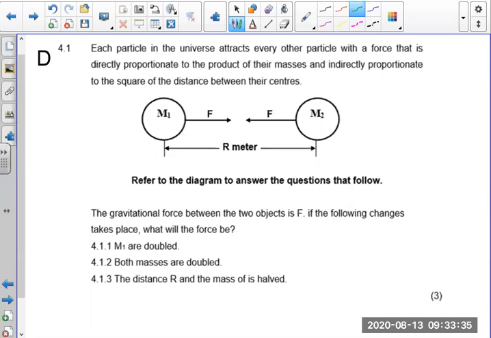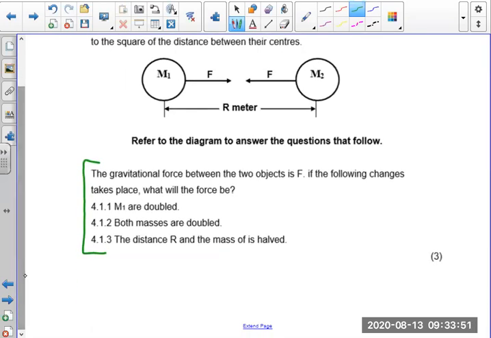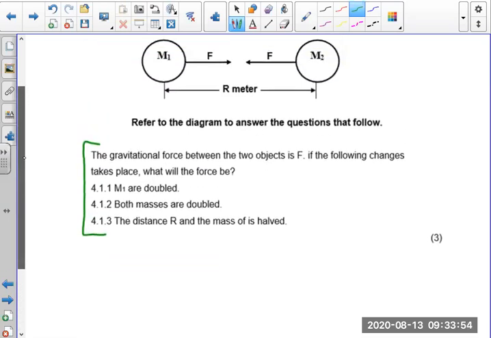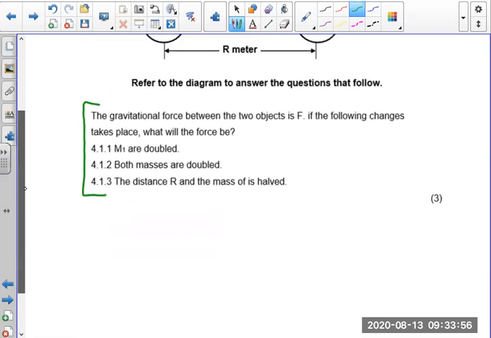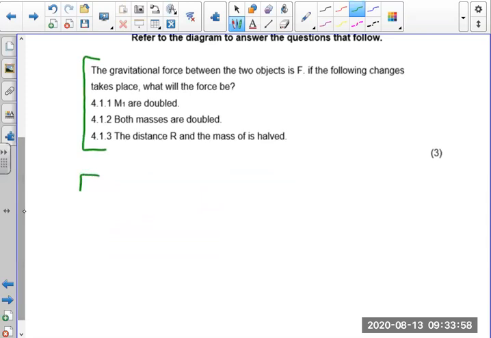If M1 is double, now can you see, this is what I just explained to you. Now they say the one is double, or both masses are double, or the distance is a half, or so. Then you use that first equation where you use the directly proportional one. So let's quickly look at that. There are the two objects. I'm going to say F is directly proportional to M1 M2 over R squared.